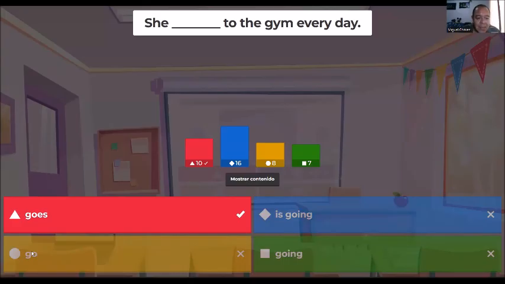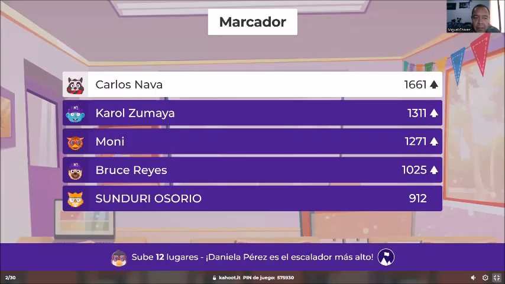In this case, the correct answer is goes. She goes to the gym every day. Remember that the time expression helps us to identify the tense.